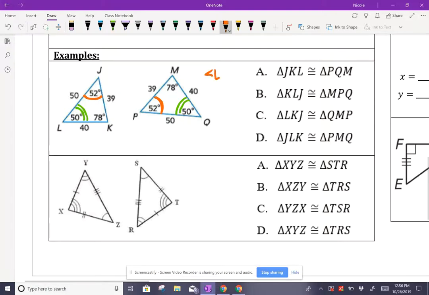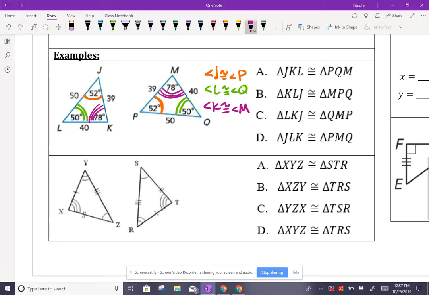And we can even write this out. We can say angle J is congruent to angle P. And then angle L is congruent to angle Q. And angle K is congruent to angle M. So when we look at the name options that we have off to the right, we need to make sure that J is lined up with P, L is lined up with Q, and K is lined up with M. So it's just process of elimination.